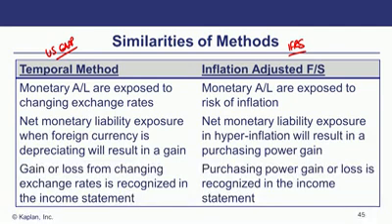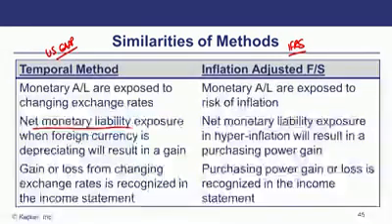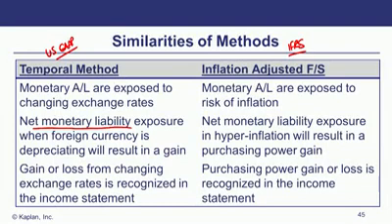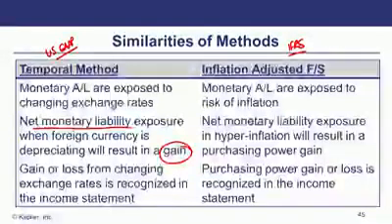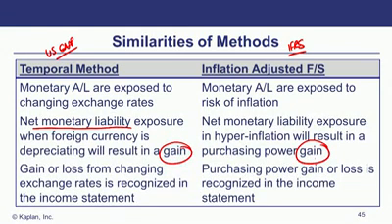Because of course, remember, with a net monetary liability exposure, if the overseas currency depreciates, it means those net monetary liabilities get smaller in the reporting currency, and that gives you a gain. Now, of course, with a net monetary liability exposure in a hyperinflationary environment, under IFRS, you get a purchasing power gain. So notice, if you've got net monetary liabilities, both methods will give you a gain in the income statement.